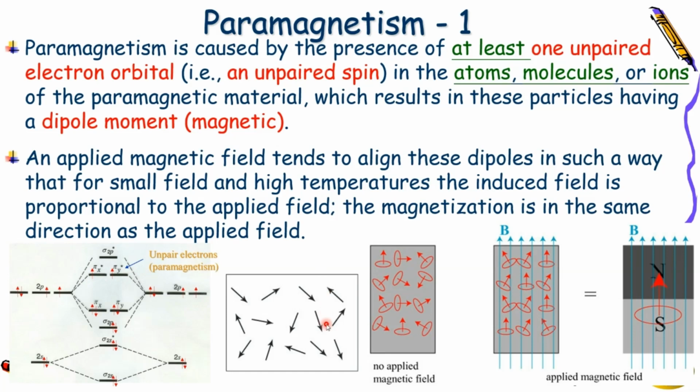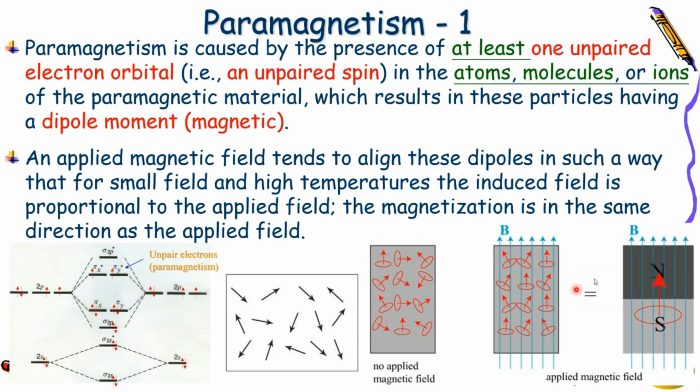If you don't apply a magnetic field to this object, the magnetic domains are randomly distributed, so it isn't affected. But when you apply a magnetic field, the domains follow the same direction as the field. This phenomenon we call paramagnetism.